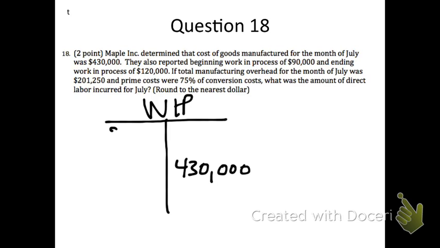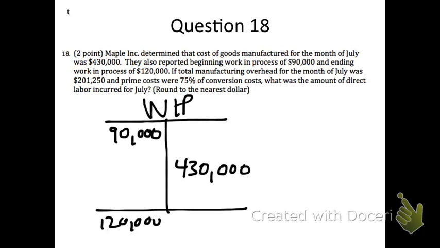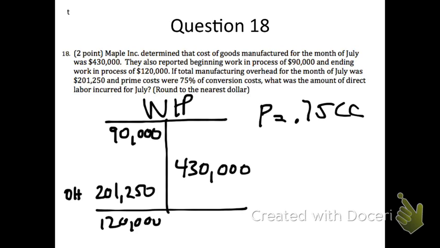And we know that beginning work in process is $90,000, ending work in process was $120,000, and we know that overhead added for the period was $201,250. So what we don't know are these prime costs, and we don't know labor, but we do know that prime costs were equal to 75% of conversion costs.